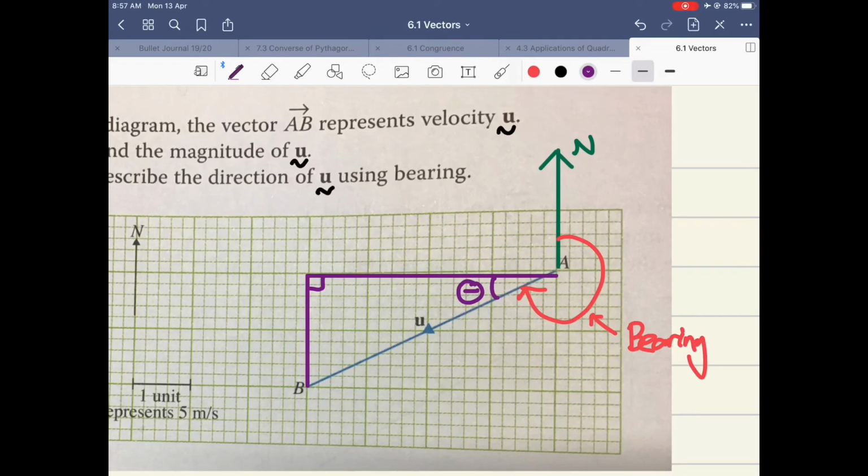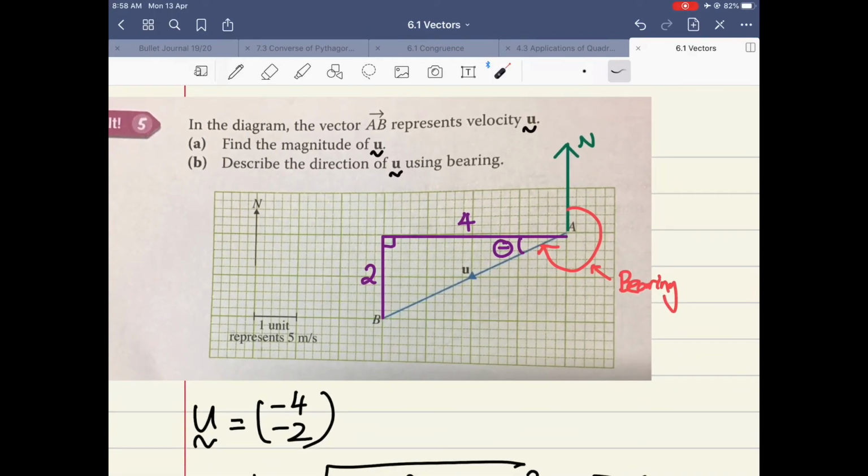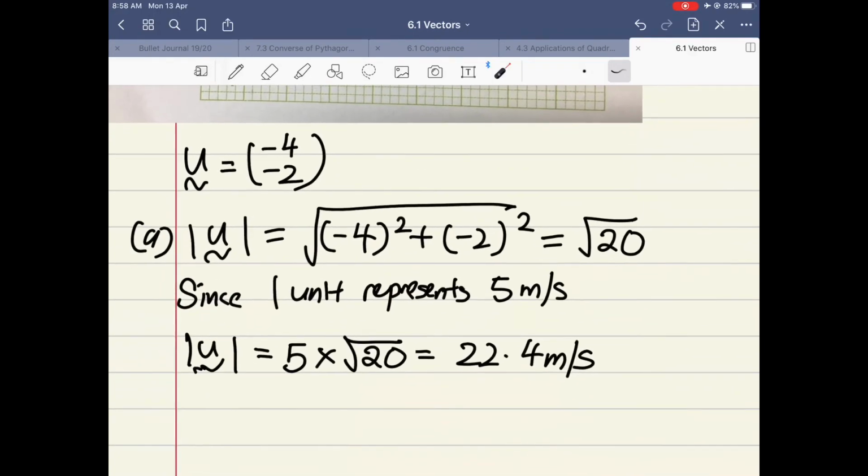I call it theta. So if you notice, what can we apply for right angle triangles? We can apply trigonometry ratios, SOH CAH TOA. If you go and count, this is 2 units, this is 4 units. So with respect to this angle here, this is the opposite, this is the adjacent. Opposite and adjacent, what can we apply? We can apply tangent.